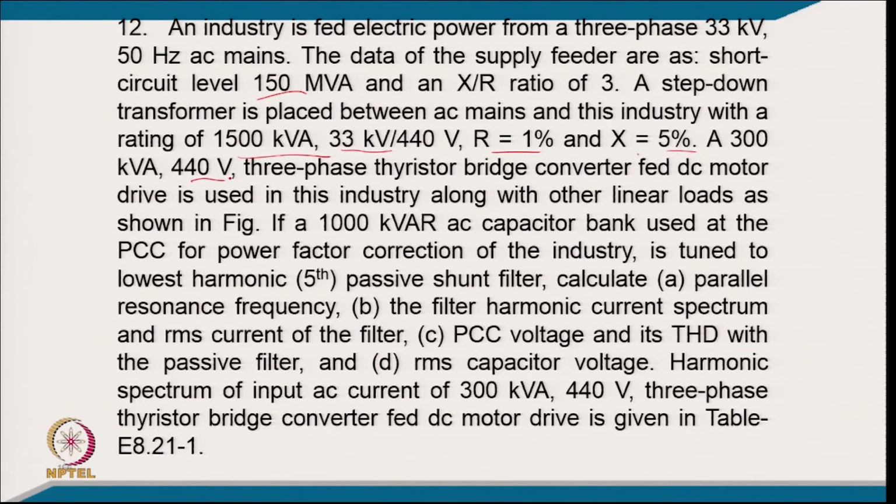A 300 kVA 440 volt 3-phase thyristor converter DC drive is used in this industry with other linear load. If a 1000 kVAR capacitor bank is used at the PCC for power factor correction, tuned to the lowest harmonic, the 5th harmonic, as a passive shunt filter, calculate the parallel resonance frequency, the filter harmonic spectrum, current of filter, PCC voltage and THD, the RMS capacitor voltage, and the harmonic spectrum of AC mains current. The 300 kVA converter data is given in table 1.